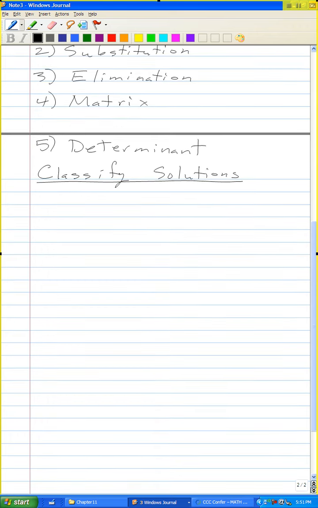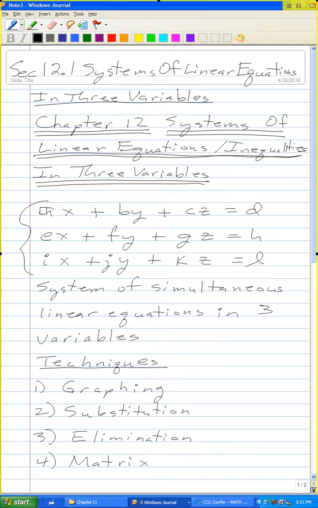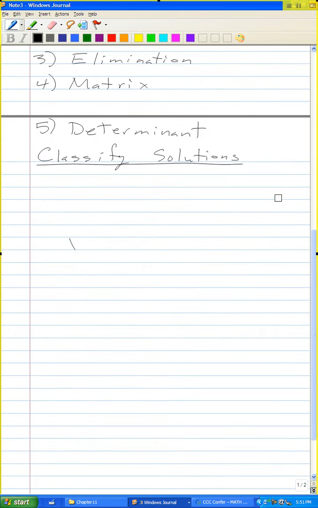So suppose we have an equation of the form ax plus by plus cz equaling d. Well, in general, that will look like some plane in space that goes on forever. So it's some sort of plane in space.